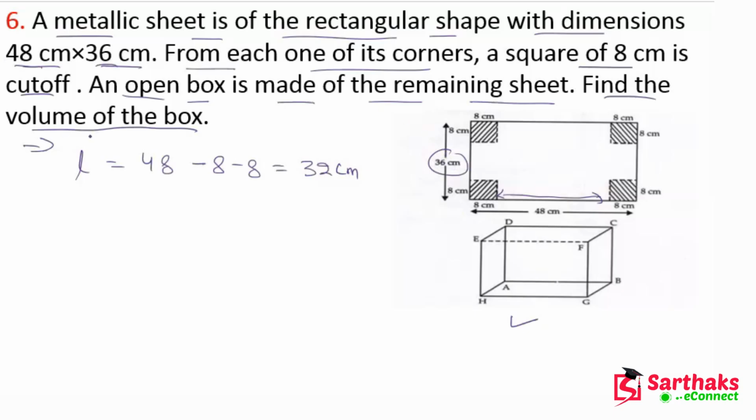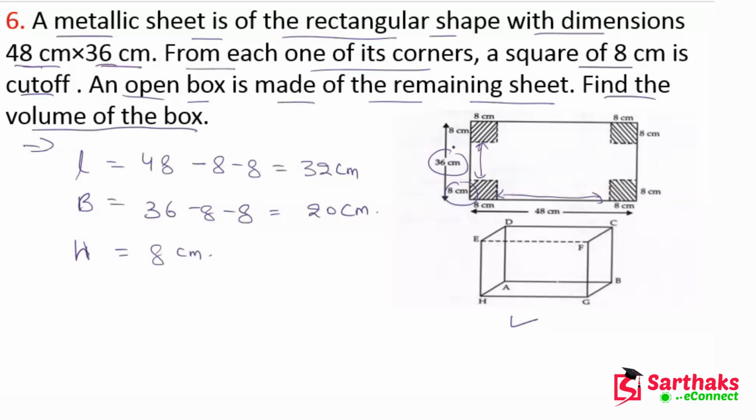If you subtract 8 from the upside and 8 from the downward side, we have breadth 36 minus 8 minus 8, which equals 20 centimeter. And what is the height? The height is 8 centimeter.